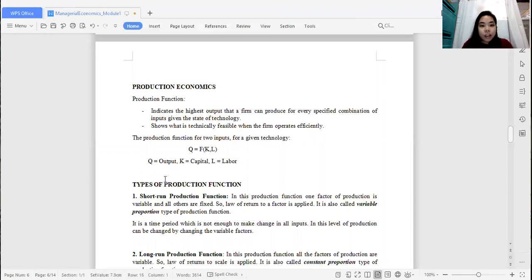We have here the production function. Di ba, we have inputs in economics that you already learned in your Economics 1 or applied economics.